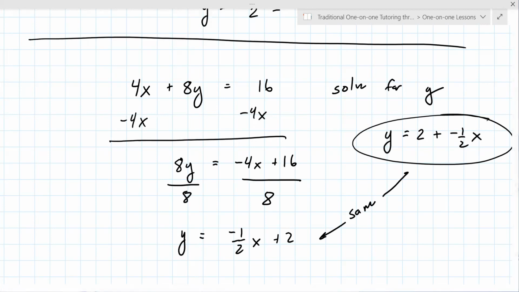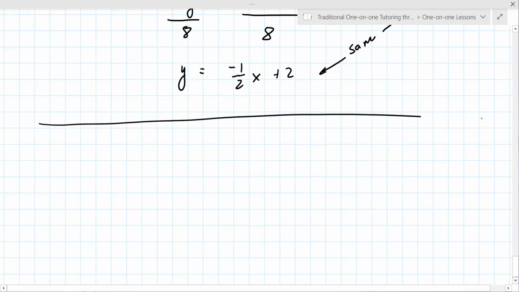Okay, so let me give you another one here. -3x plus 4y equals 12. Try solving that, please.